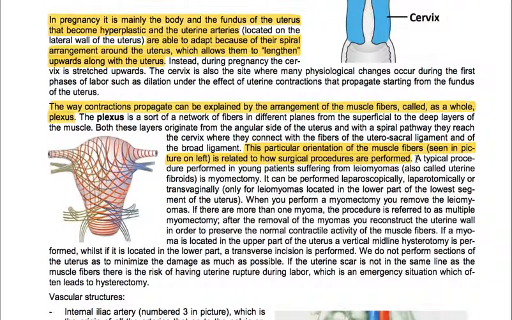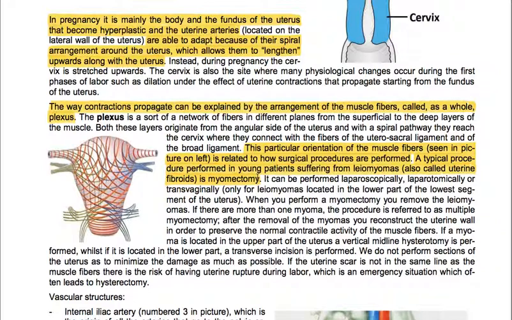It can be performed laparoscopically, laparotomically, and transvaginally. When you perform a myomectomy, you remove the leiomyomas. If there is more than one myoma, the procedure is referred to as multiple myomectomy. So we remove the myoma with this myomectomy.